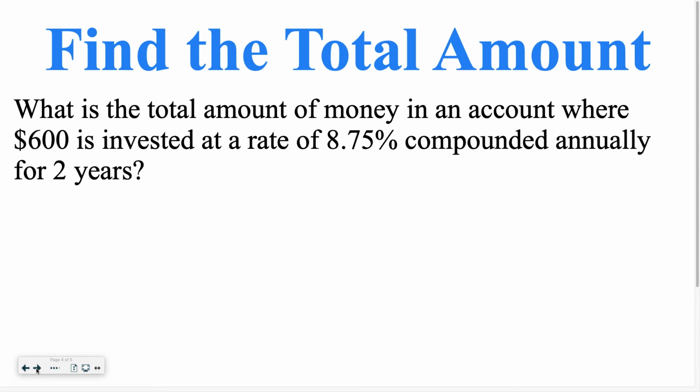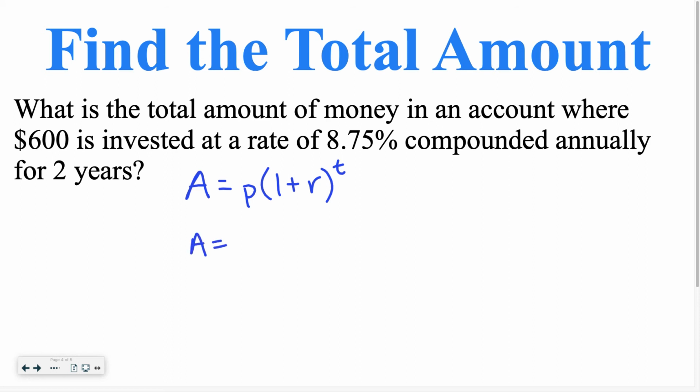Let's move on to compound interest, okay? The amount equals the principal times 1 plus the rate raised to the t power, okay? So the amount is what we are solving for.